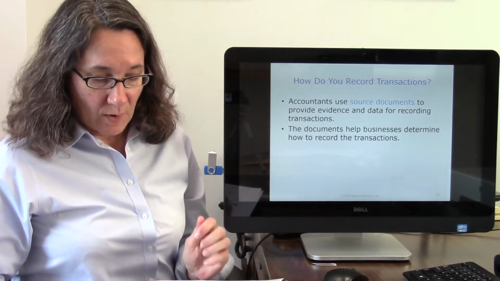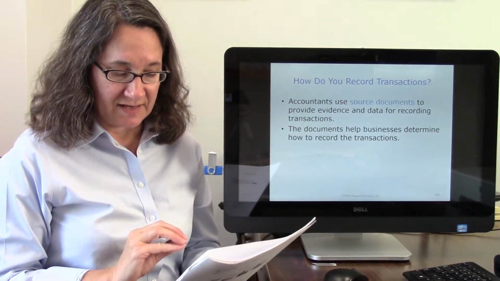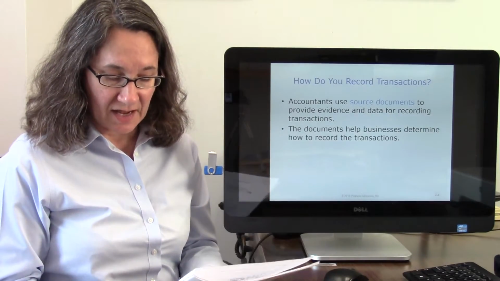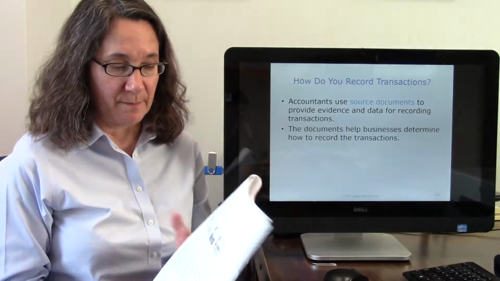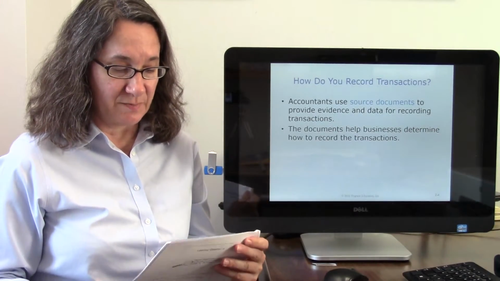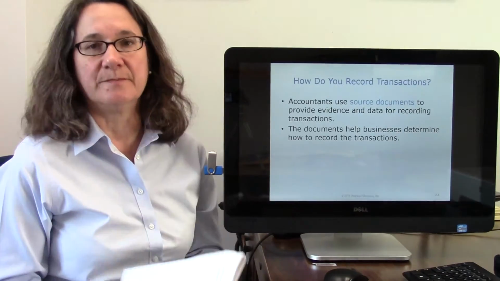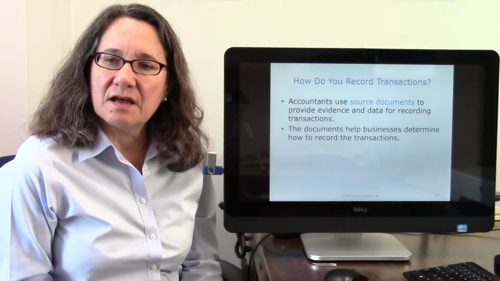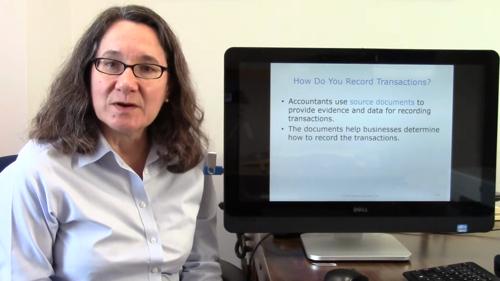Well, one thing we employ are source documents. Source documents provide the information needed by accountants to record accounting transactions. Based on these documents, the business can determine how to record a transaction. So you've seen documents, things like purchase orders and invoices.